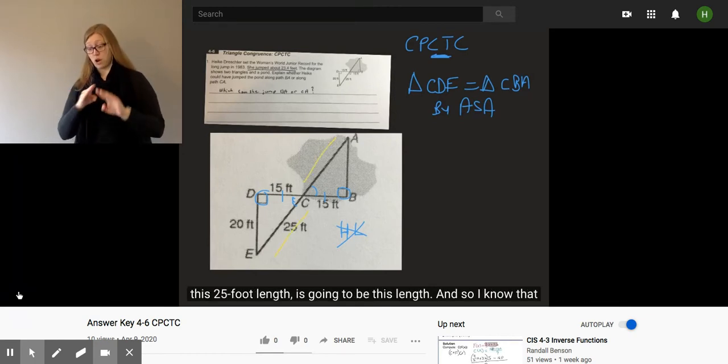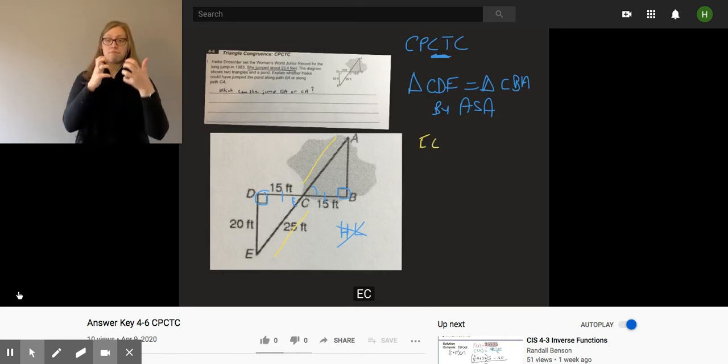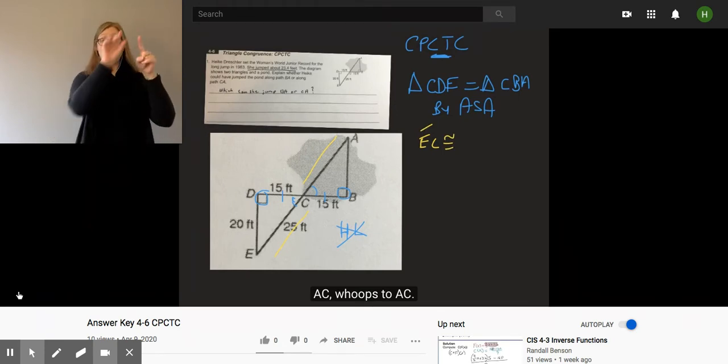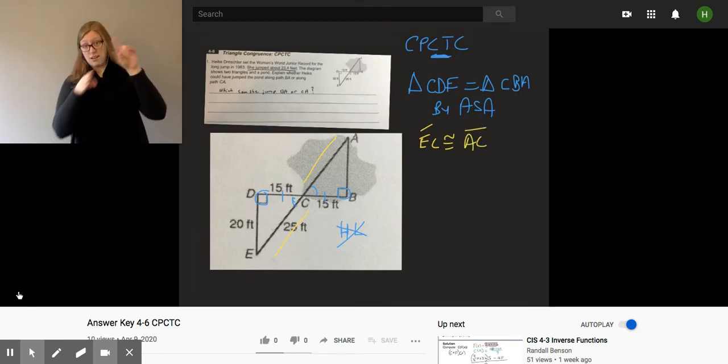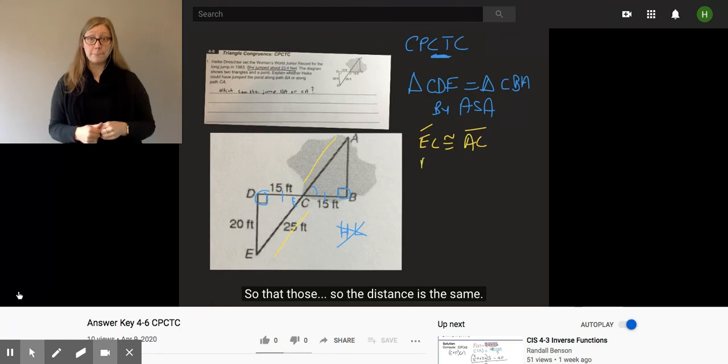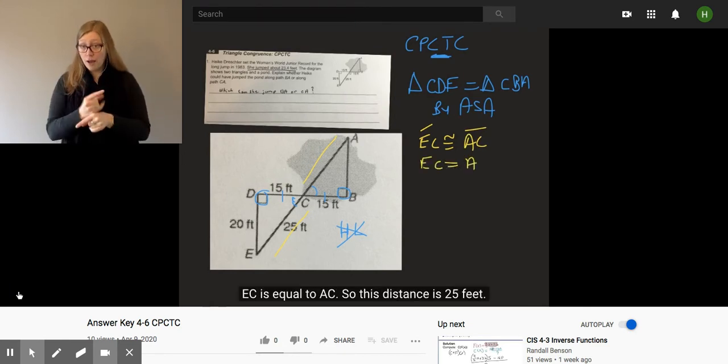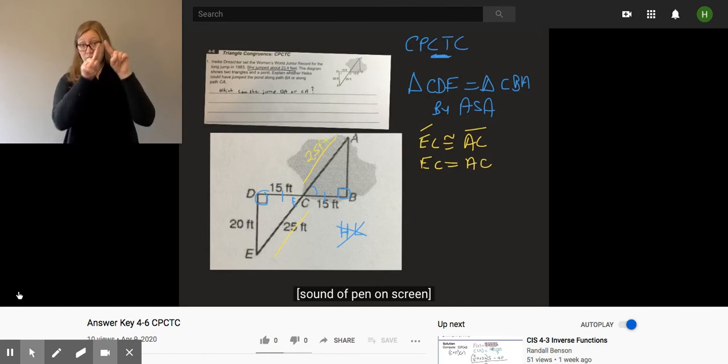And so I know that EC is congruent to AC, so the distance is the same. EC is equal to AC, so this distance is 25 feet.